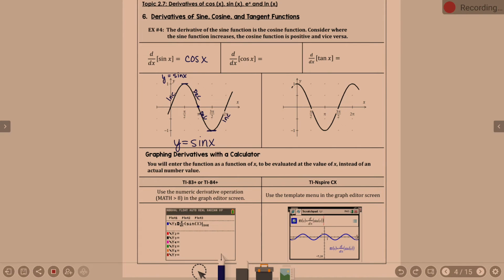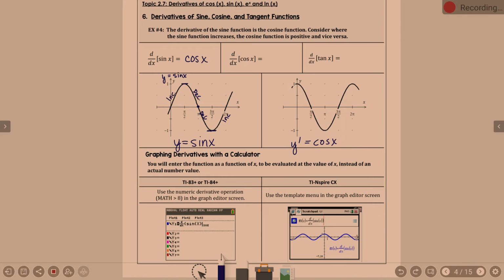Now, what is this the graph of? Cosine. This is cosine x, right? And what were we just told? We were just told the derivative of sine x is cosine x. Now, pair it together. We're just going to worry about from 0 to 2 pi. From 0 to pi over 2, my graph was increasing.